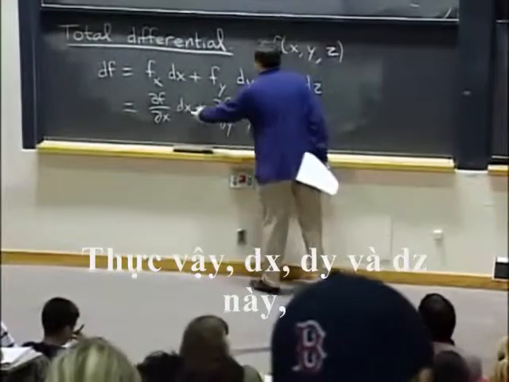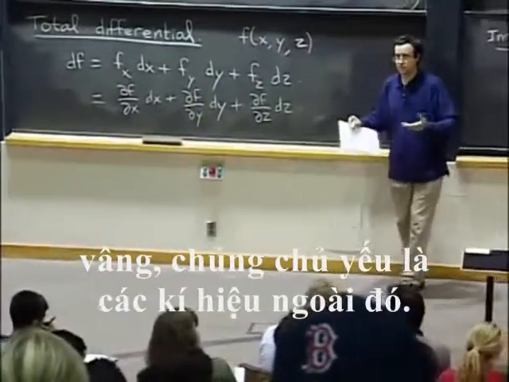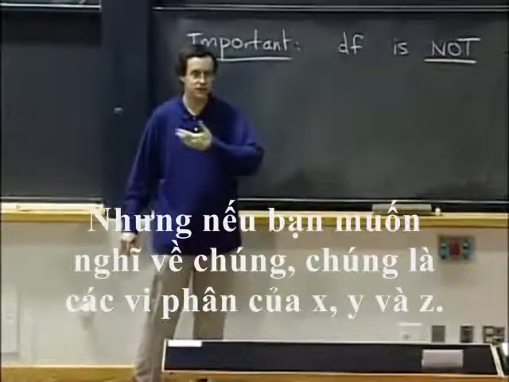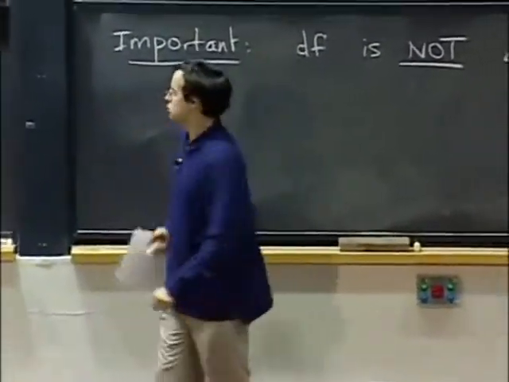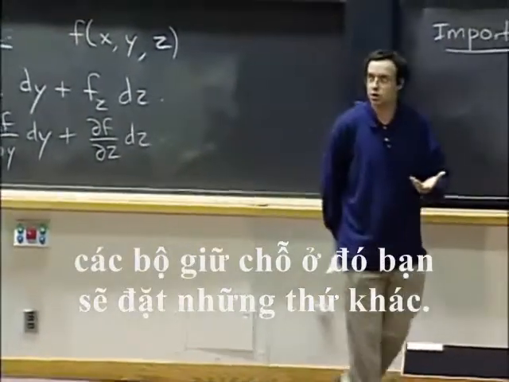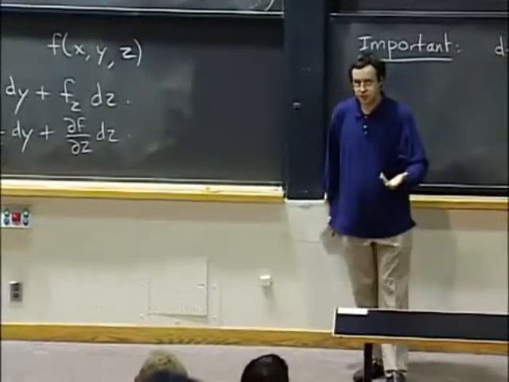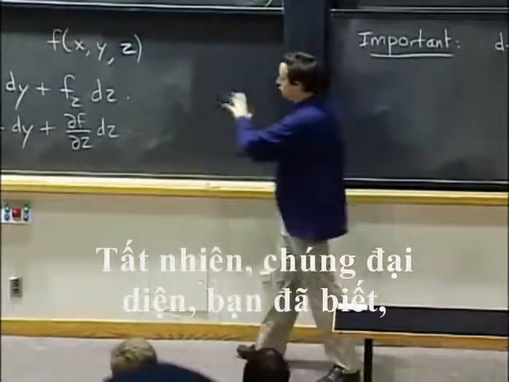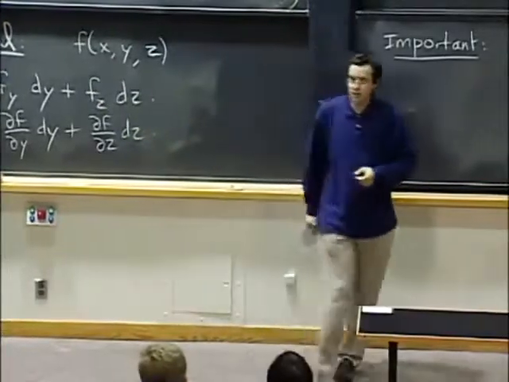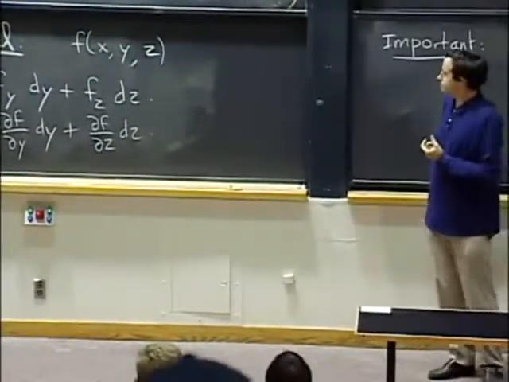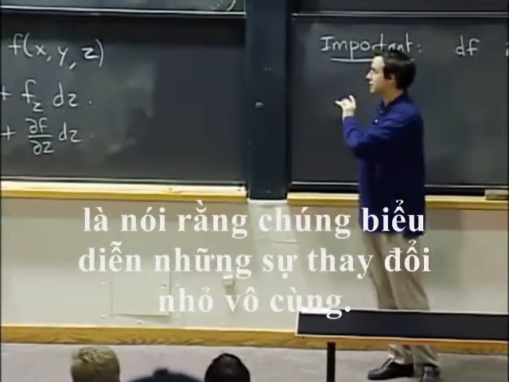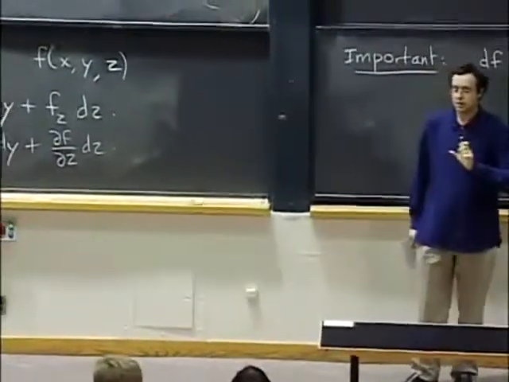So in fact, this dx, dy, and dz are mostly symbols, but if you want to think about them, they're the differentials of x, y, and z. You can think of these differentials as placeholders where you will put other things. Of course, they represent this idea of changes in x, y, z, and f. One way that one could explain it, which I don't really like, is to say they represent infinitesimal changes.